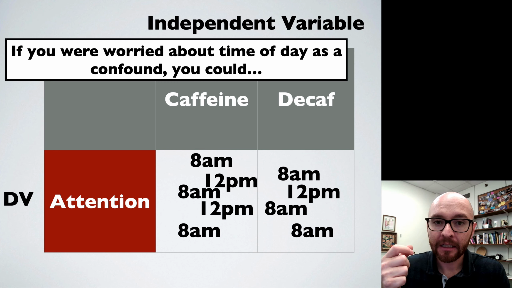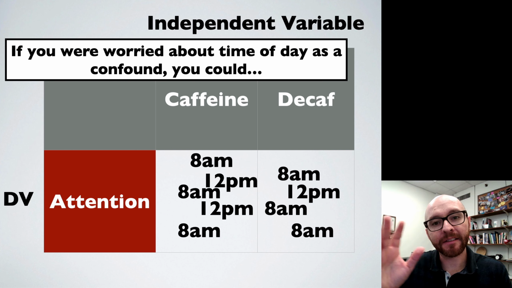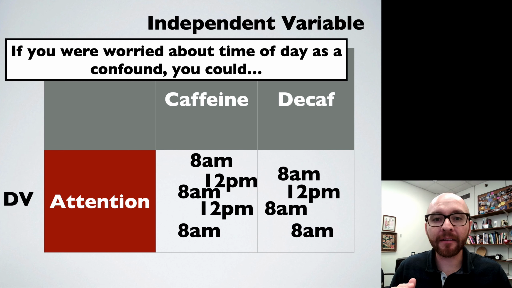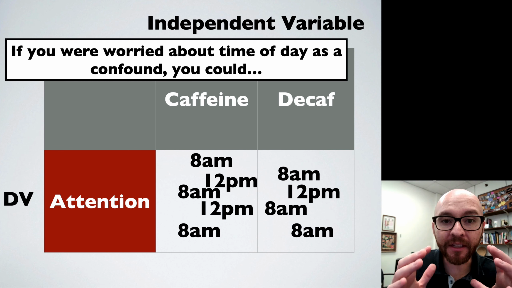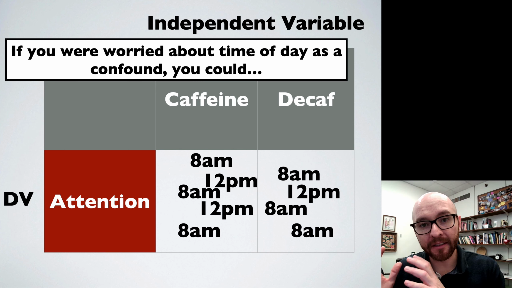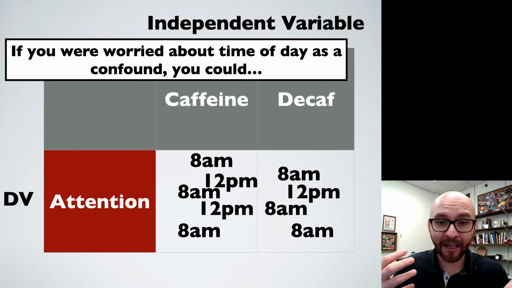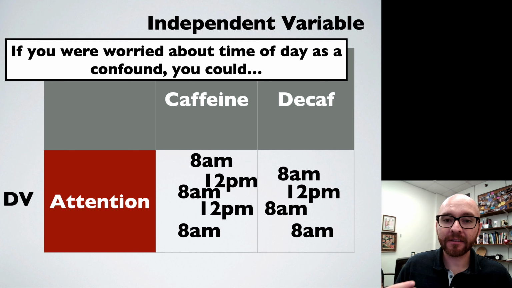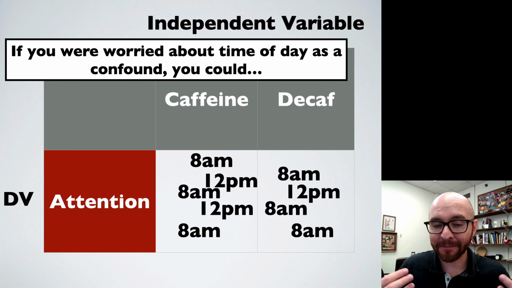So remember, you do have to have random assignment. So you assign people to caffeine, assign people to decaf. But then within caffeine and within decaf, if you were worried about time of day, you would randomly assign people to the different times of day.